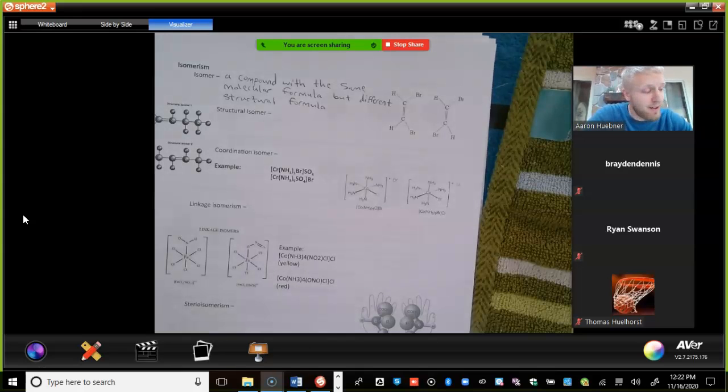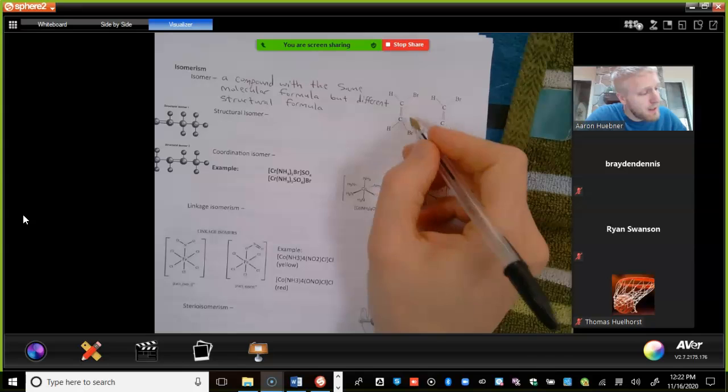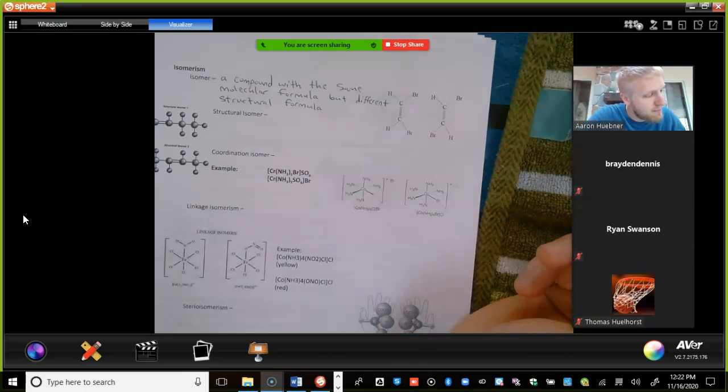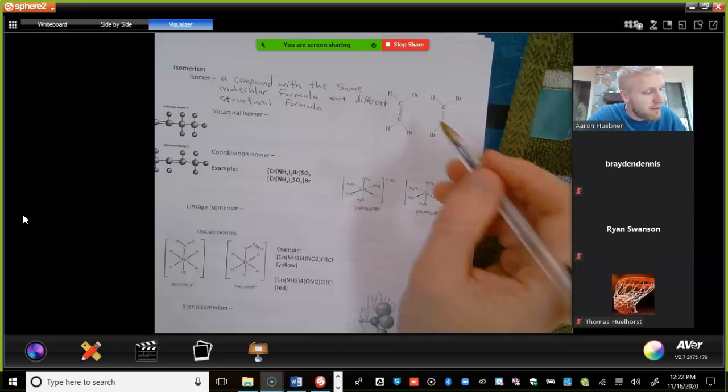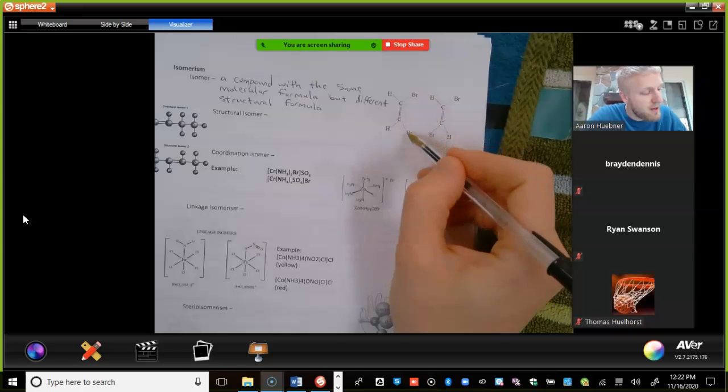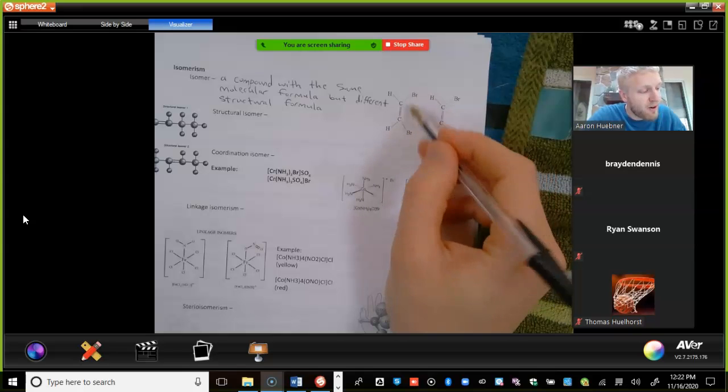And this is huge in organic chemistry because the main gist of organic chemistry is carbon and hydrogen being the main components of these molecules. And right here we have, look at this, the same ratio of elements. The difference is how they're structured. So this is the cis conformation, where the electronegative entities are right next to each other.